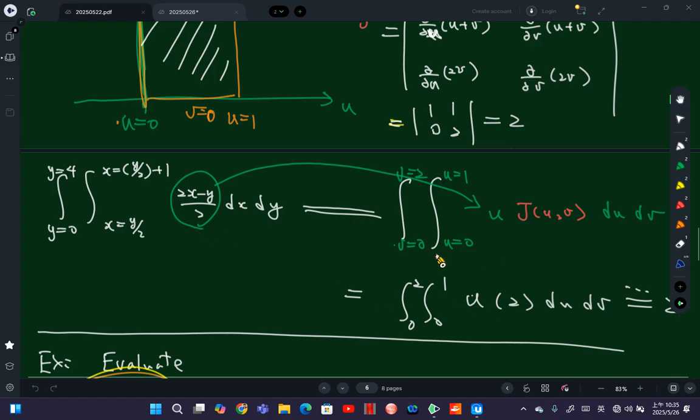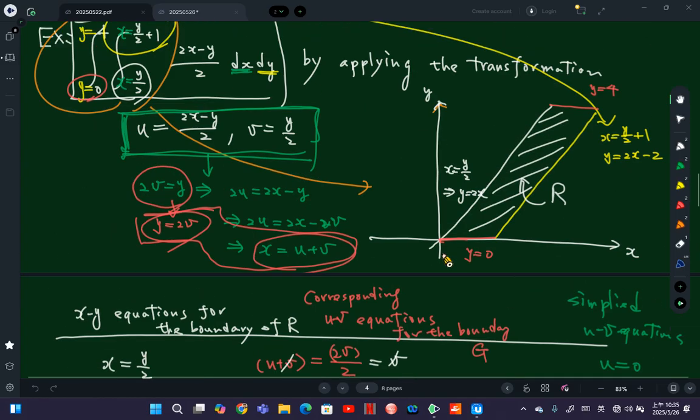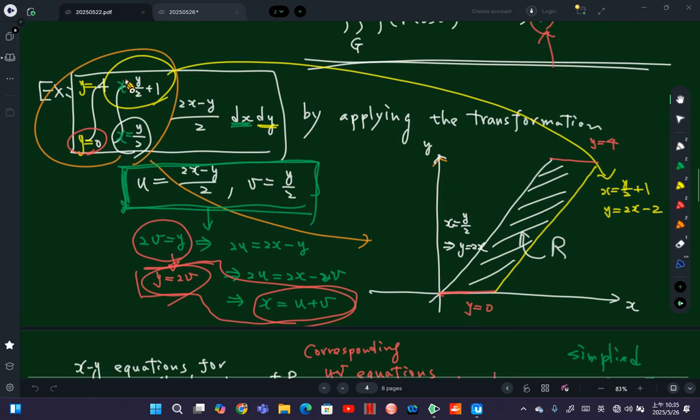But how can we do that? In the beginning, you need to use these four constraints for parameters to construct the original area of integration. Based on these four parameters, you can get this one.